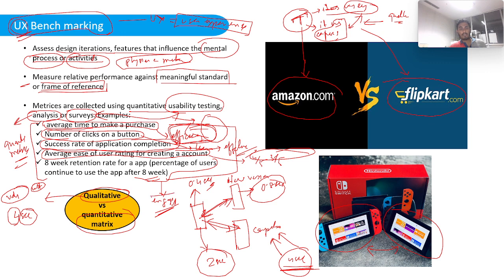If the application is not engaging, then probably people will stop using it. So this qualitative usability information, these UX measures, can be captured using such quantitative measures. This is why we use quantitative metrics instead of qualitative metrics for UX benchmarking.